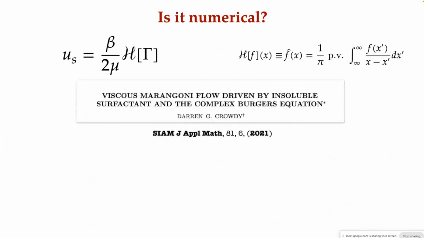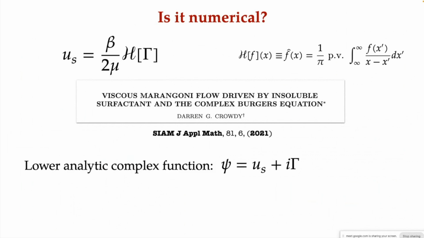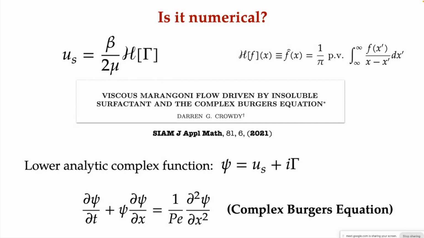And recently, it was shown that if you have this set of equations, and you take a complex function phi, which is composed of your real part US and your imaginary part gamma, you could sublimate your surfactant advection-diffusion equation into a complex Burgers equation. And for this, you could see if I have higher Peclet, this right part is nullified and it becomes basically an inviscid Burgers equation for which shock solutions could very well exist.